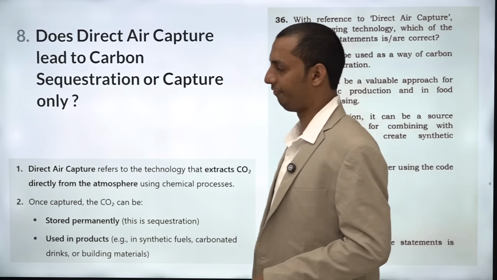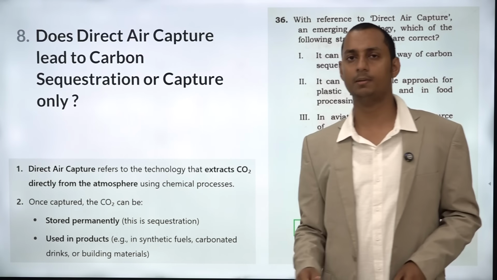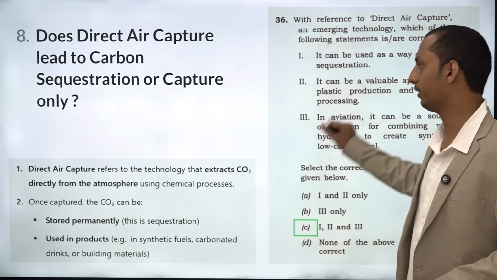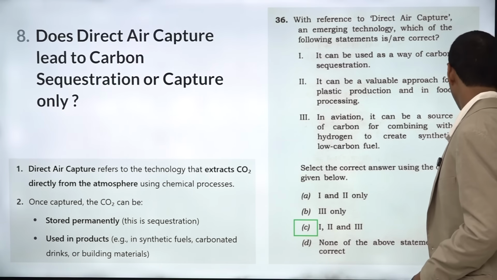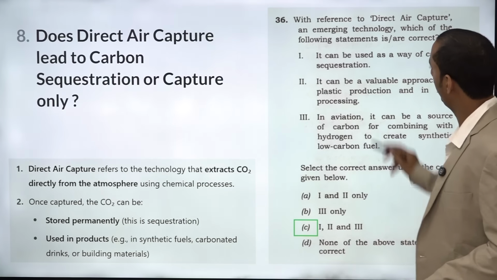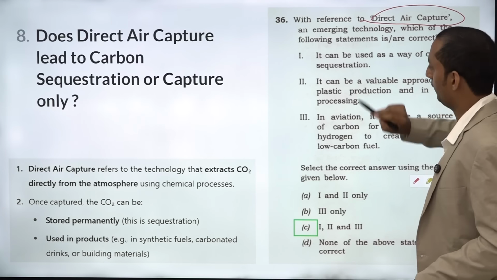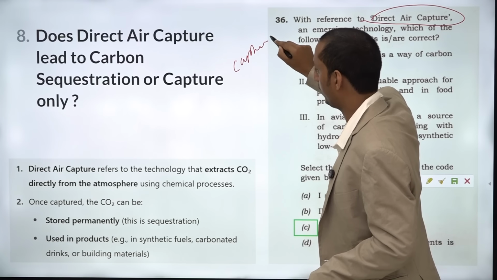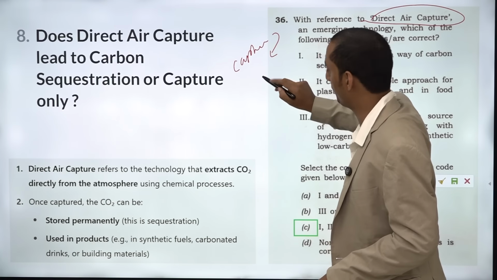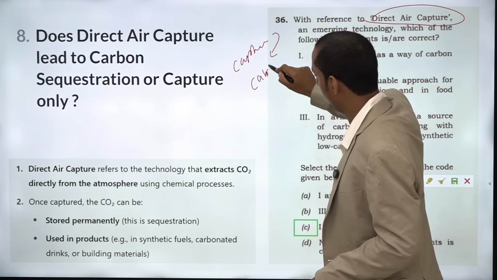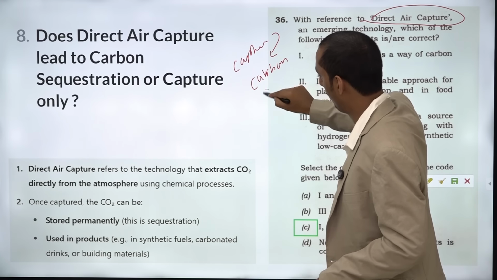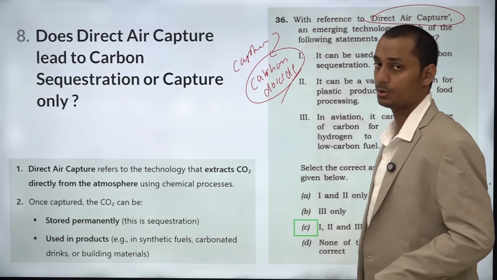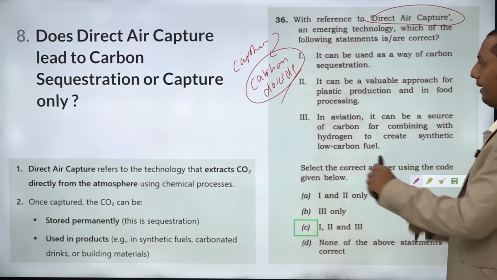Now, regarding the final question, several of the answer keys, not all, some of the answer keys of different academies have given the first statement as incorrect. Now, what does the first statement say here? With reference to direct air capture, it is basically capturing carbon directly from air. It's basically used to absorb or suck out the carbon dioxide in the air. So this is what direct air capture is used for.